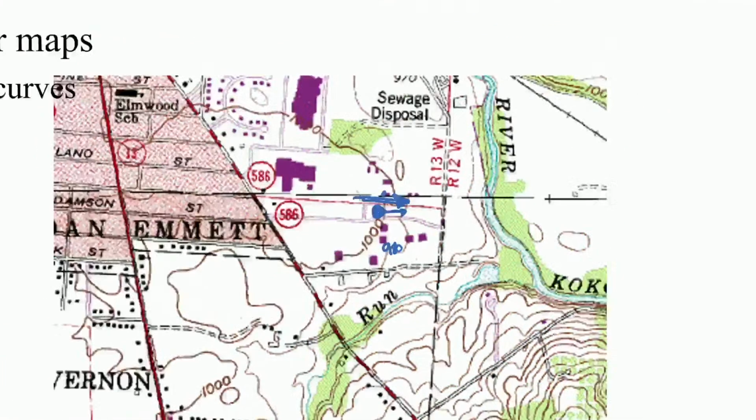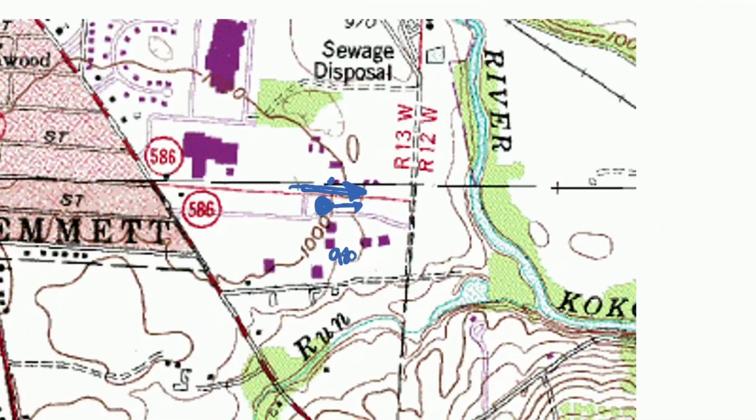Unfortunately, there isn't a scale on here, but I'm going to just make up a scale, and I'm going to say that that distance there is 100 feet. So I've gone over 100 feet. So dx is 100, df is -20, so that's -1/5. Does that work out?